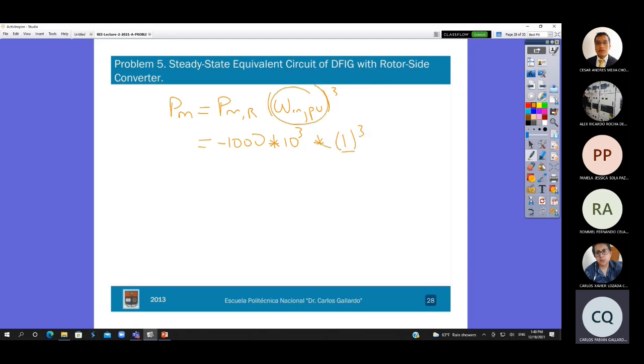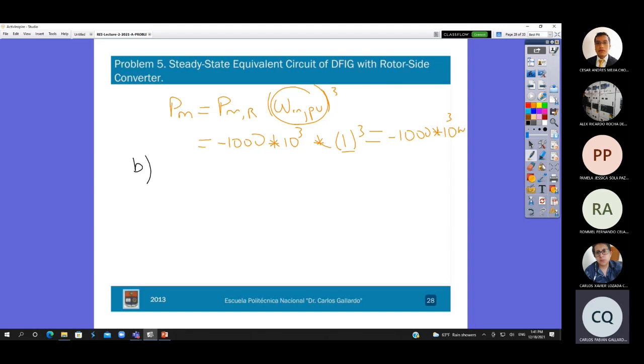The speed ratio is equal to the per unit value, therefore I will get the same value, 1000 times 10 cubed watts. This is question 8. I get the same values because the rated speed is equal to the new speed. And this is the first methodology, which is only an approximation.